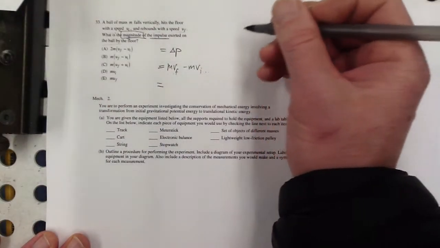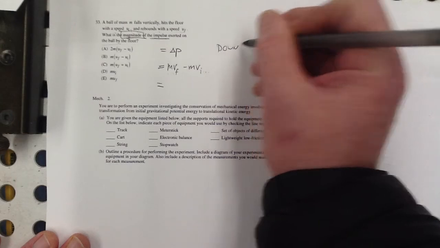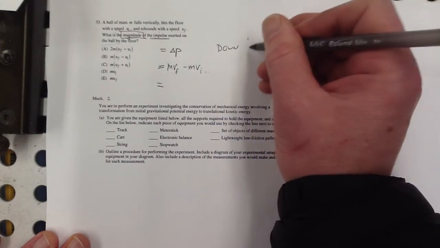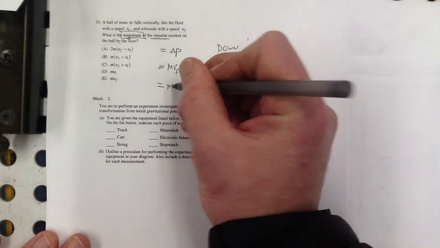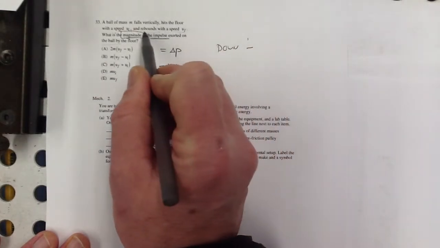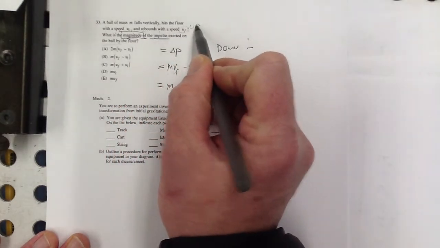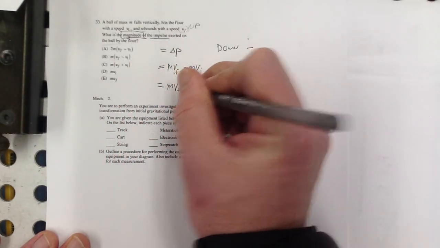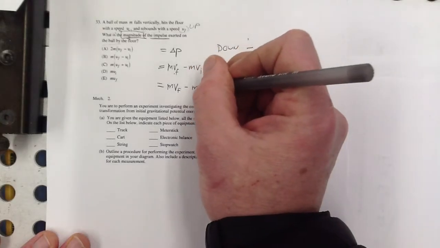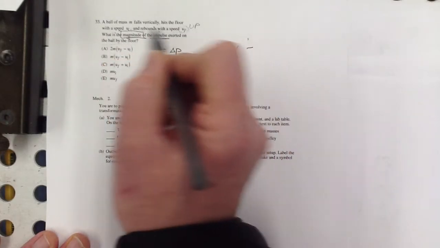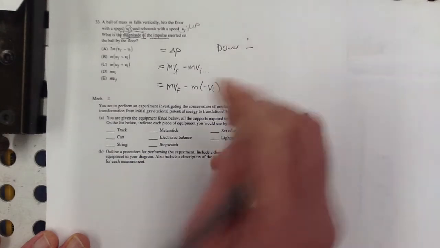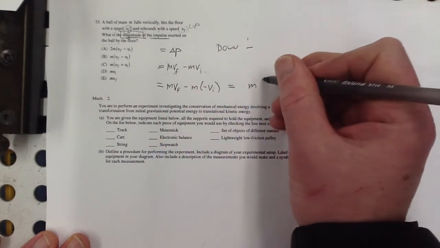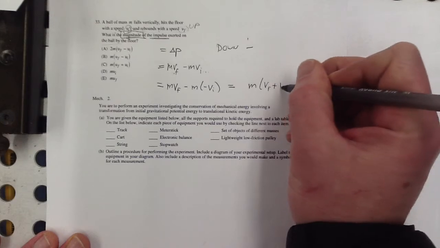So I'm going to say that down is negative and up is positive. So that means mass times the final velocity, it rebounds, this is up, so that's positive, minus mass times the initial velocity, which is down at that speed. So the magnitude of the impulse is m times vf plus vi.